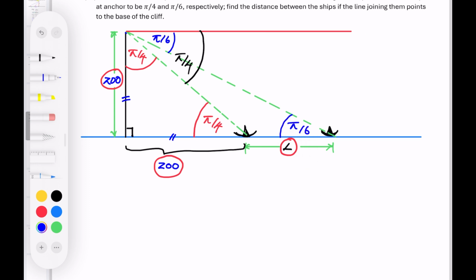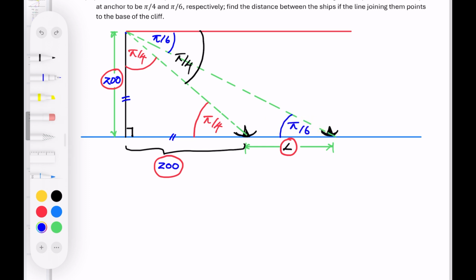Now, if I look at this larger triangle, which is also a right triangle, with respect to the angle right here, this side is the opposite side, and this side is the adjacent side. Therefore, I can write down tangent pi over 6 for this angle using that larger triangle.